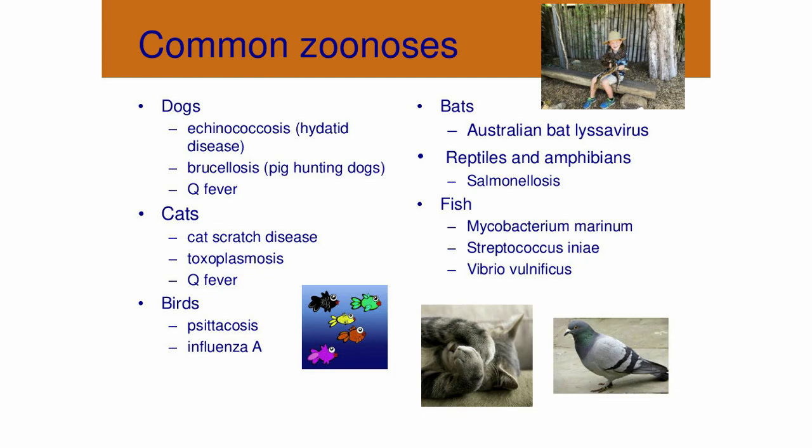Now, with birds, I've listed psittacosis and influenza A viruses, but there are 2 other important diseases that are not zoonoses, but they are associated with work with bird droppings. And these are the fungal infections histoplasmosis and cryptococcosis, which are caused by fungi that live naturally in the environment.